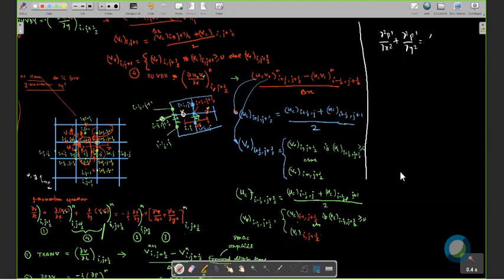So it was rho by delta t times the star velocities, rho u star by del x plus rho v star by del y. Okay, this has to be solved. Here we will use central difference, and here we will use forward difference.